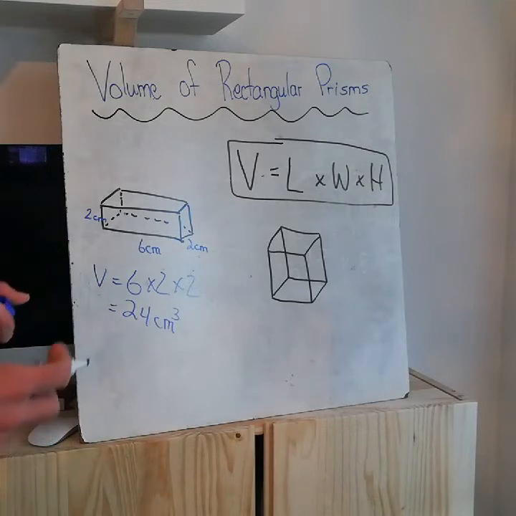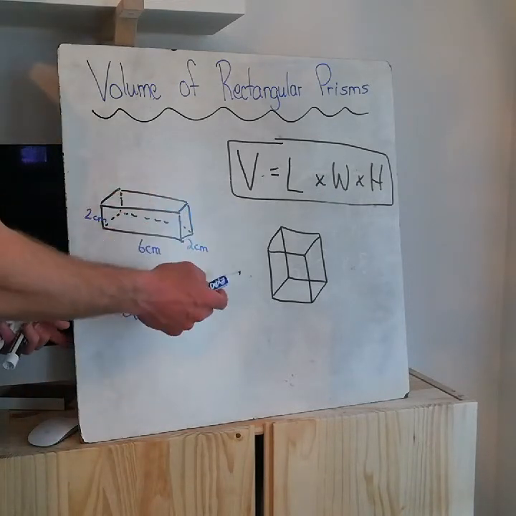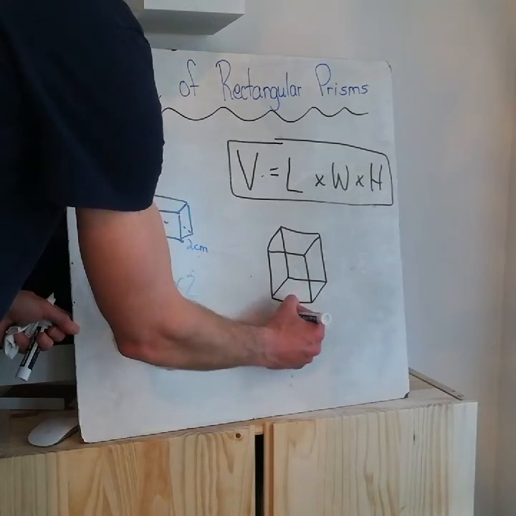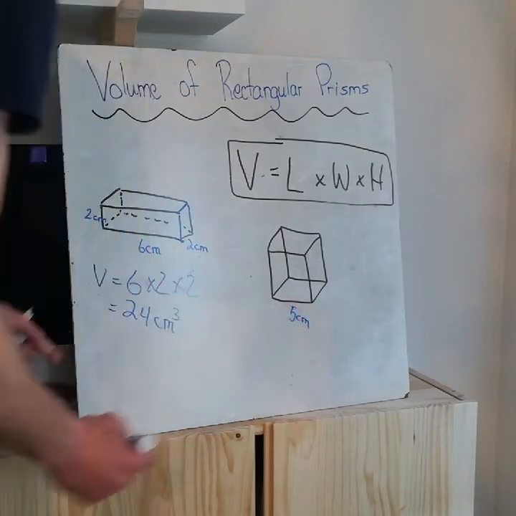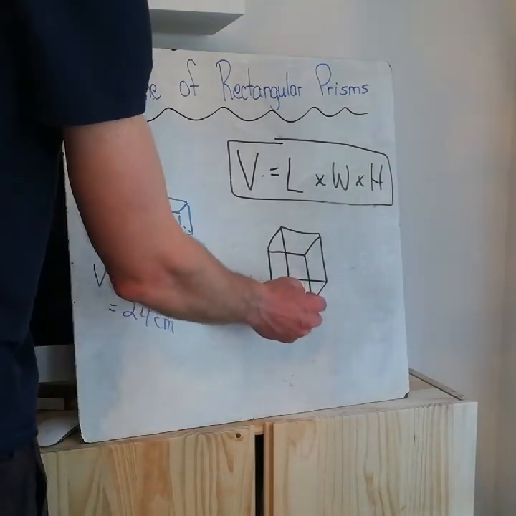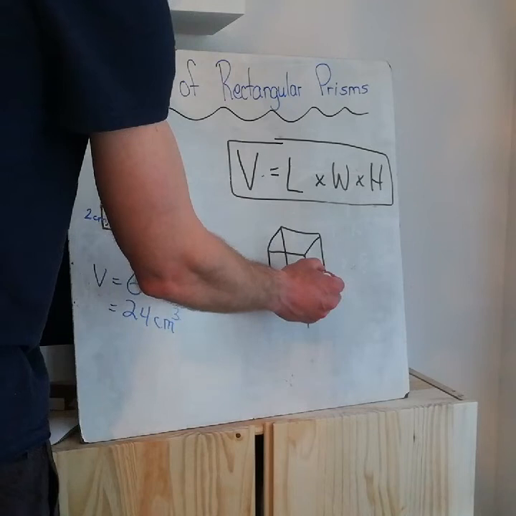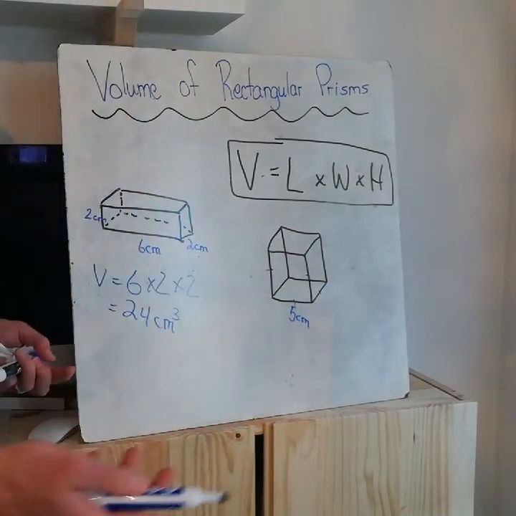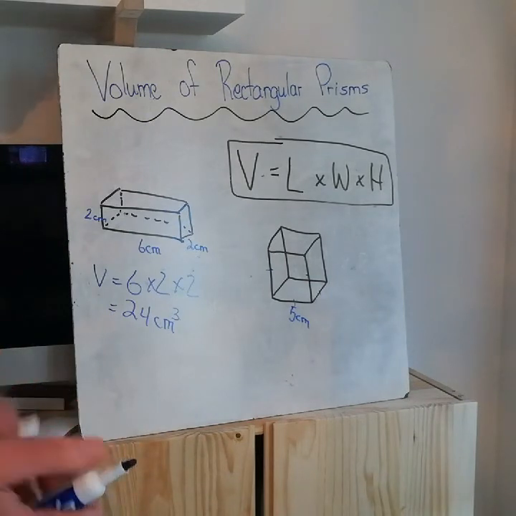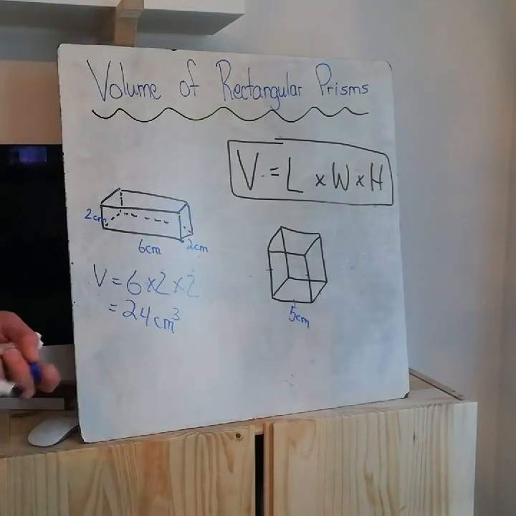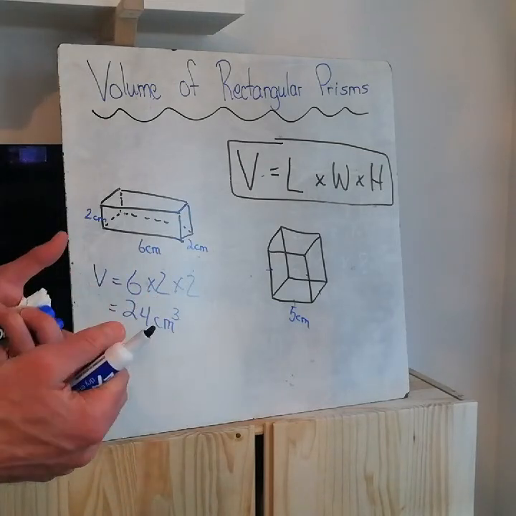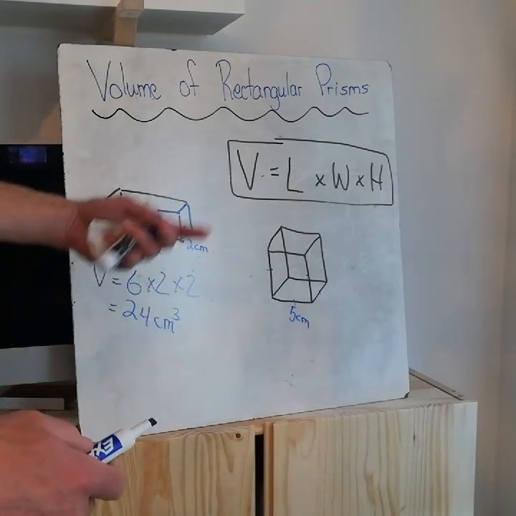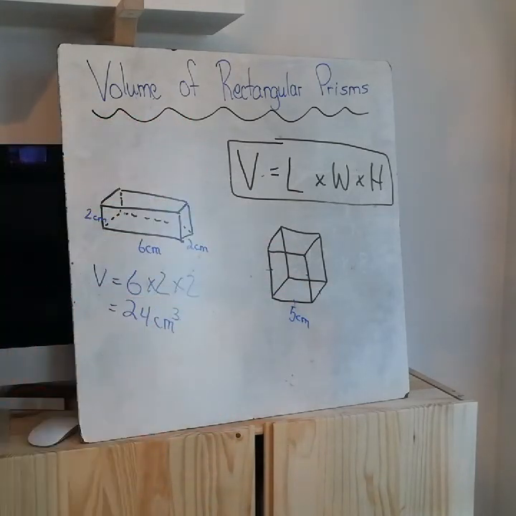Okay, so this one here, I made a little bit of a different one. If you're given, for example, 5 centimeters, and let's say all of these were the same in length, so this was a square box. One way to think of a cube is like an ice cube. Ice cubes are usually, not always, kind of like square cubes, so that's why we call it a cube, because it's a three-dimensional shape.